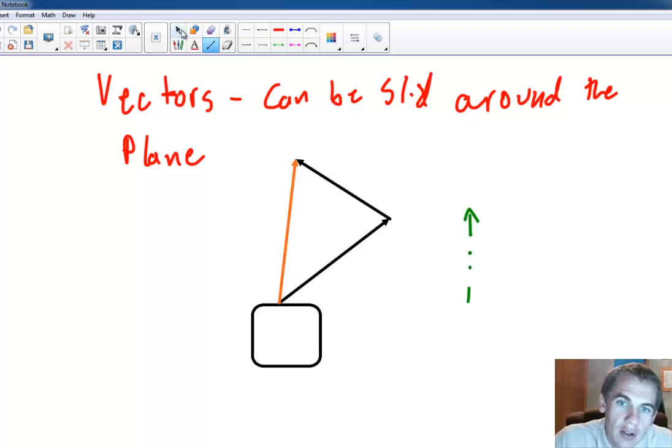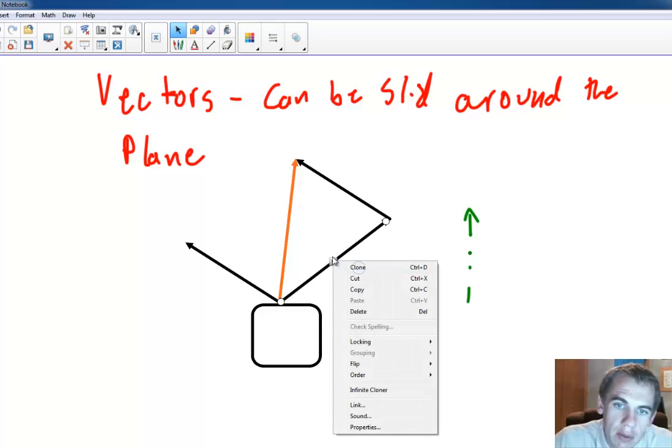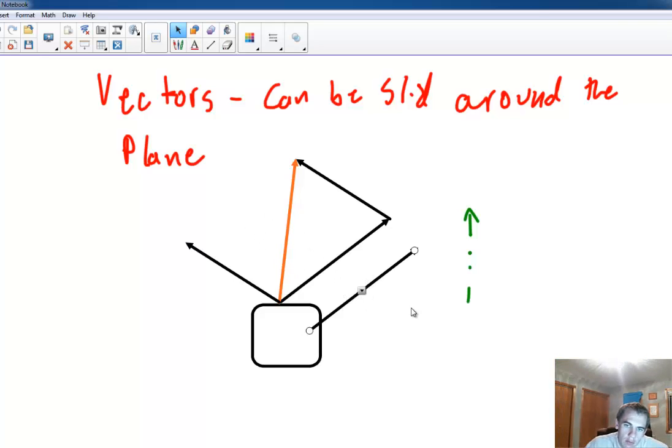This vector originally was down here, so I'm going to have a copy of it, and leave it down here. And this vector, I'm going to do the same thing. I'm going to clone it and move it over to the, whoops. Well, I used to be able to do that. All right, there we go.